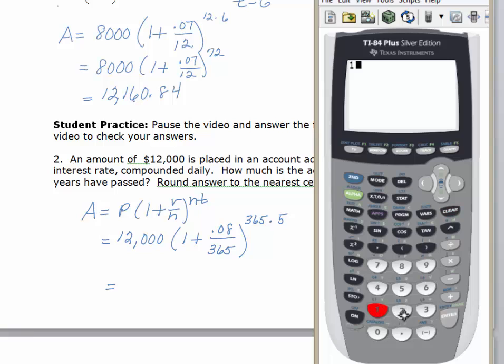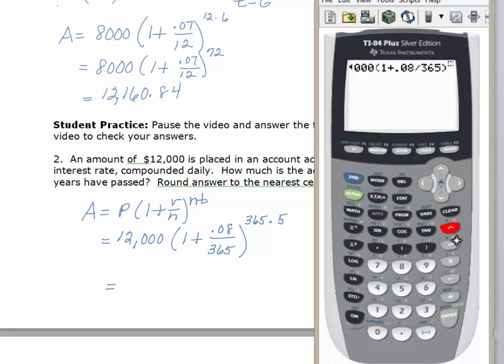So I'm going to type the 12,000 and open parentheses, 1 plus 0.08 divided by 365, and we're going to raise that to the power.